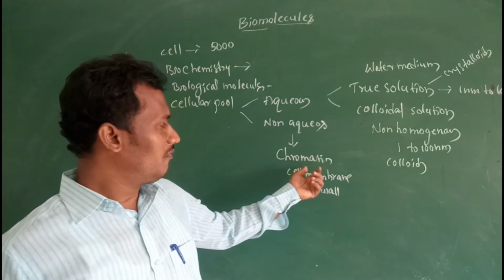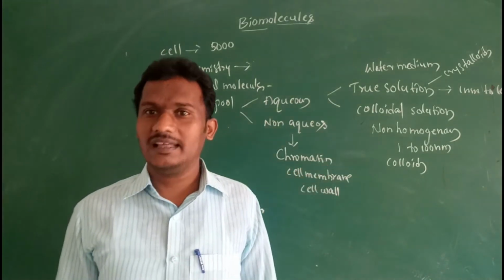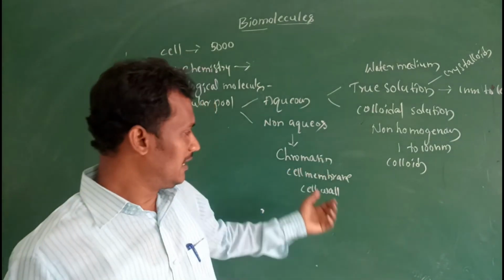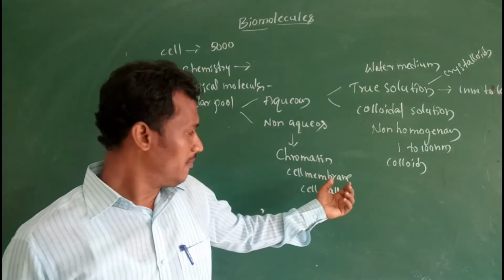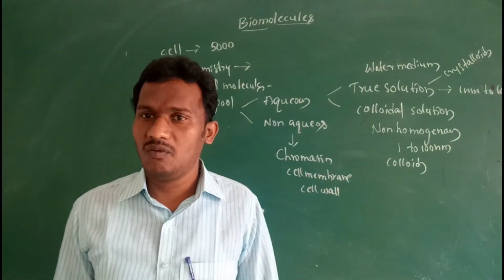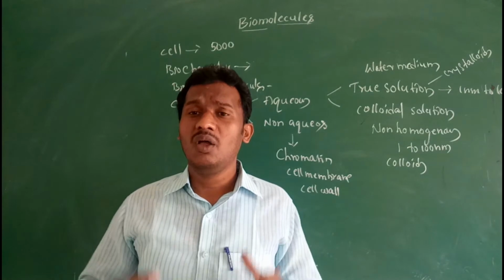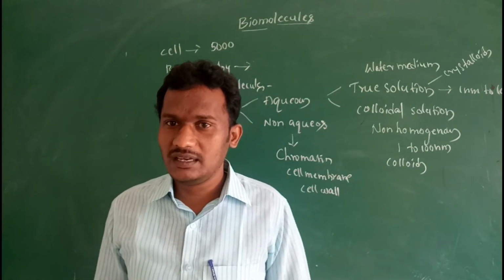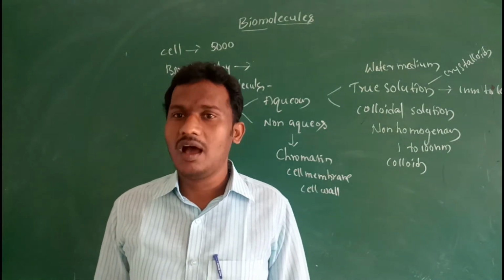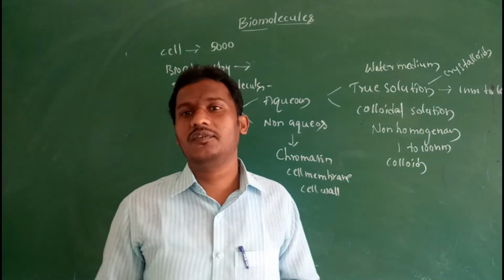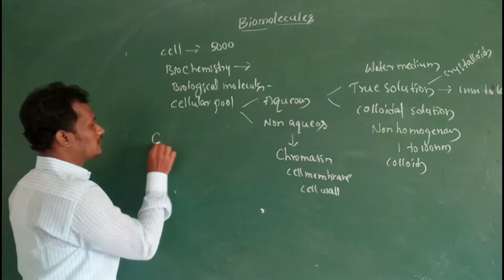These are present in the form of chromatin material, that is, genetic material, the cell membrane or plasma membrane, and the cell wall. To know what types of chemicals are present in a cellular pool or a cell, we have to perform chemical analysis.